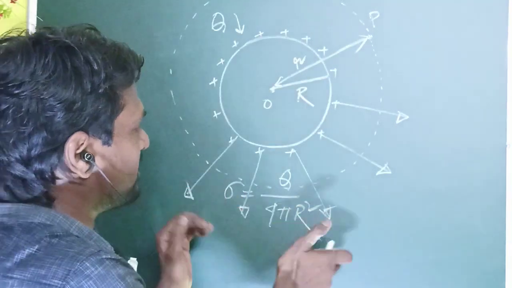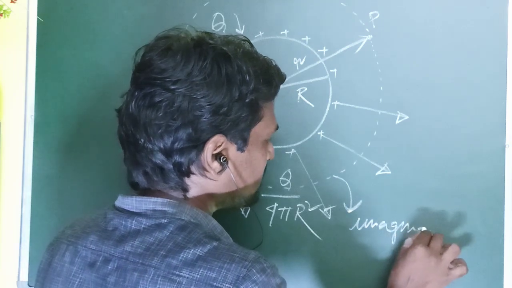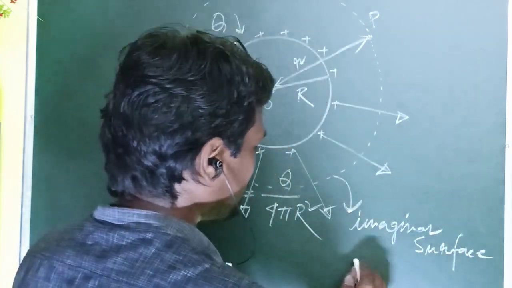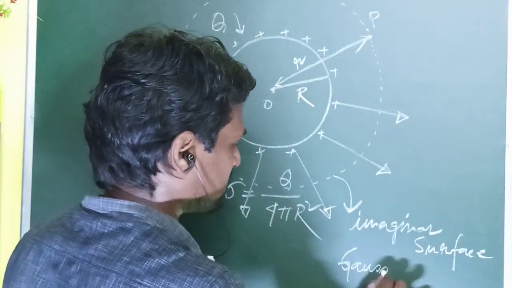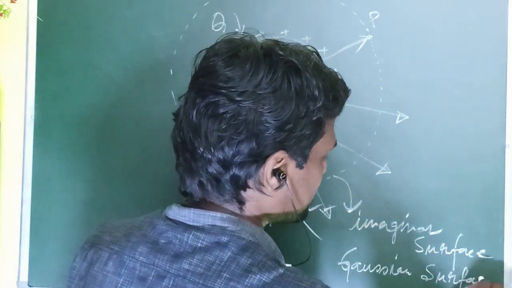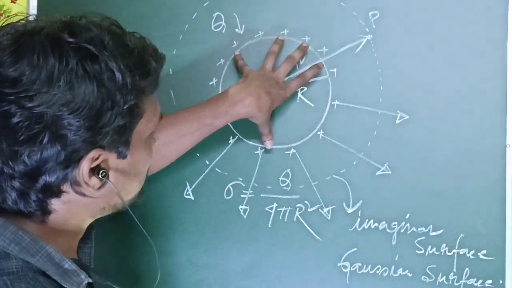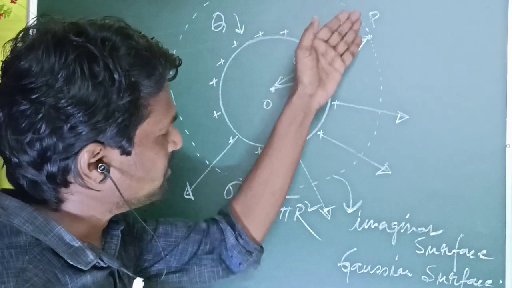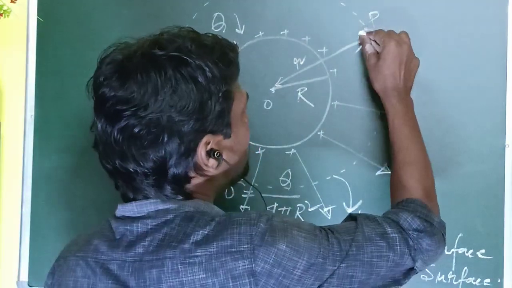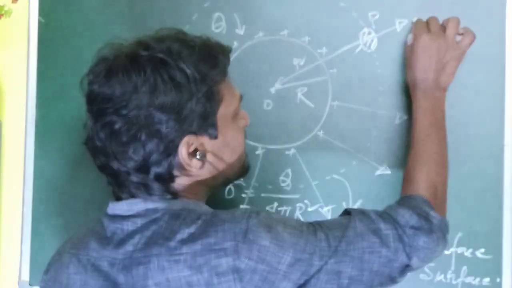This is a hypothetical, imaginary surface, and it is called the Gaussian surface. The field lines generated due to this charge distribution penetrate that Gaussian surface. So you can consider here a small area, the area vector, whose outward normal is along this direction.